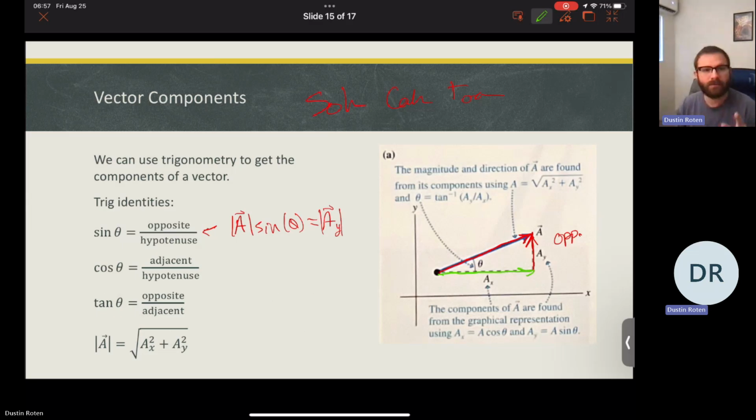So if we rearrange our second one here, hypotenuse, which we know is the magnitude of the original vector, times cosine of theta, you can see that gives us the adjacent piece. So that's going to tell us how long just that projection on the x-axis will be.